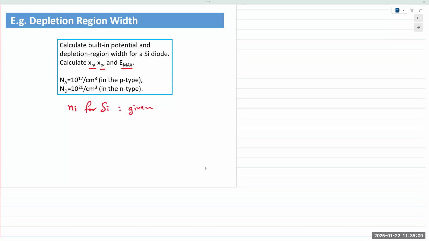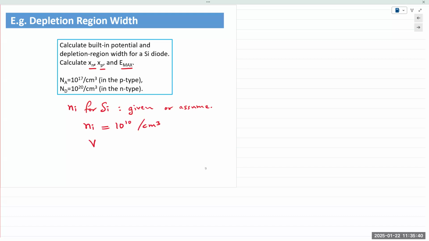So either it's given or you simply assume. Assume is not even the right word, because these are all based on device physics, laws of nature, so there's not much variation in those values. Ni can be taken as 10 raised to 10 charge carriers per centimeter cubed.